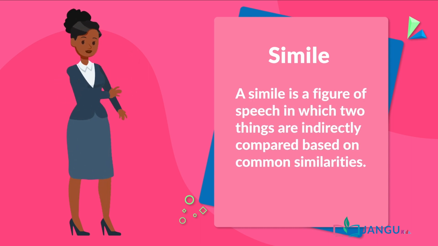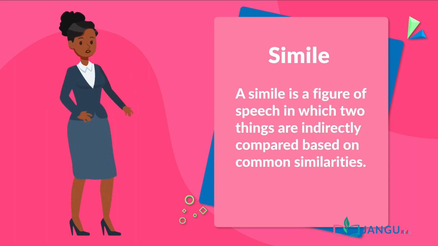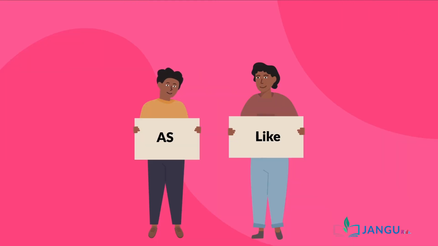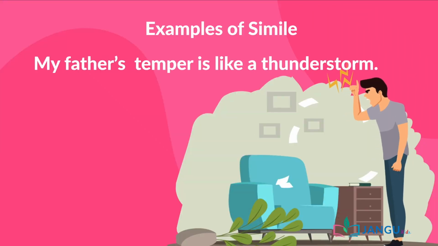A simile is a figure of speech in which two things are indirectly compared based on common similarities. This is typically done using the words like or as. The most basic form is saying that X is like Y. For example, you can say, "My father's temper is like a thunderstorm."